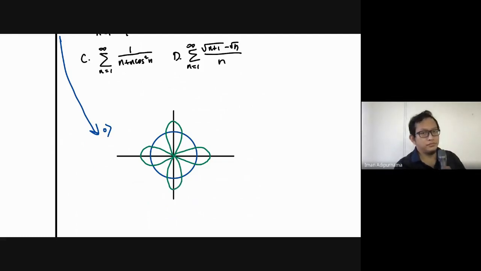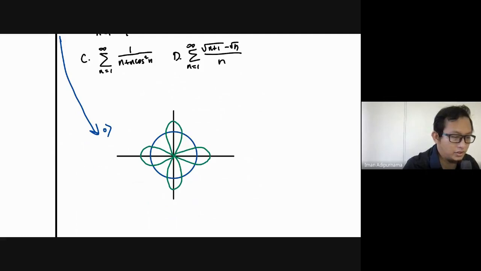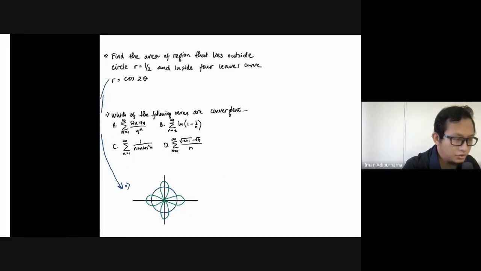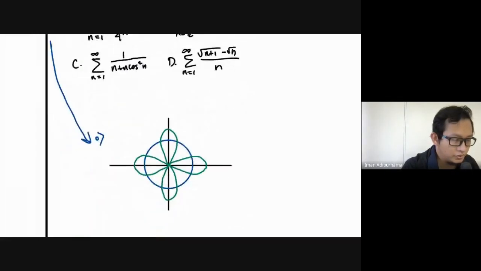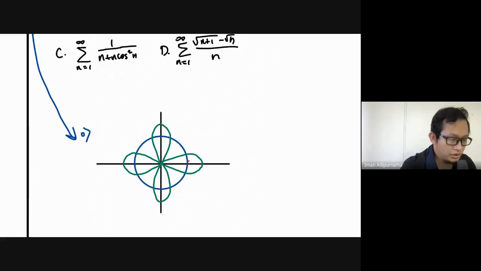And the area outside the circle and inside the 4 leaves, so it should be here, and all the area here.